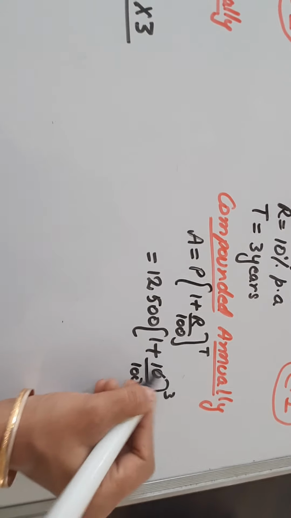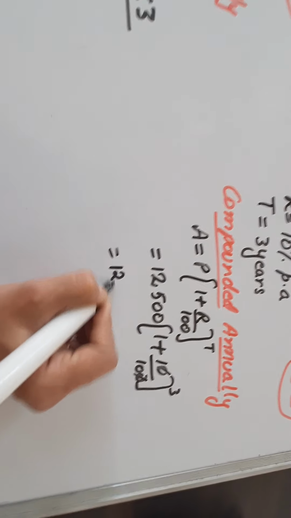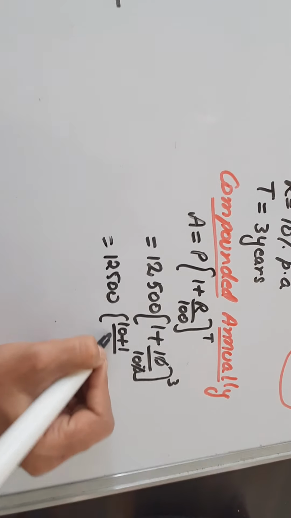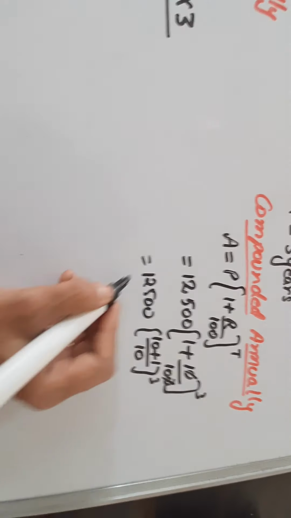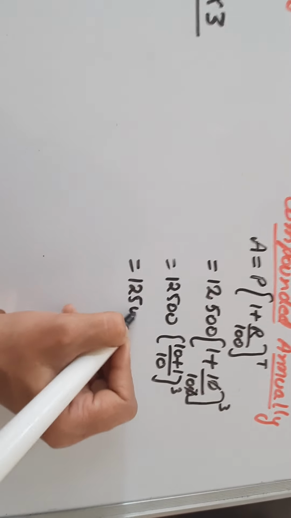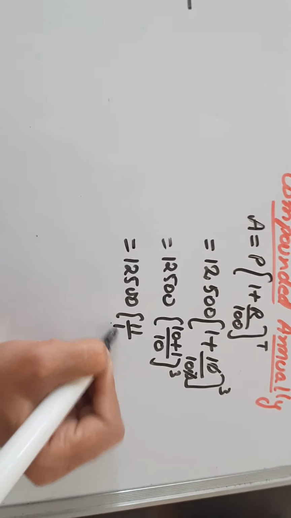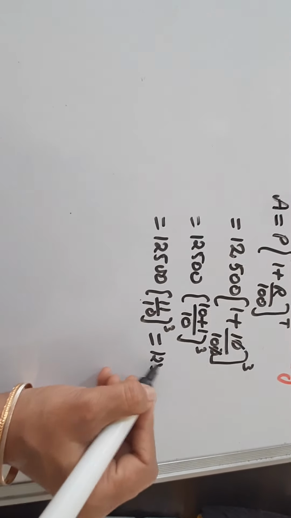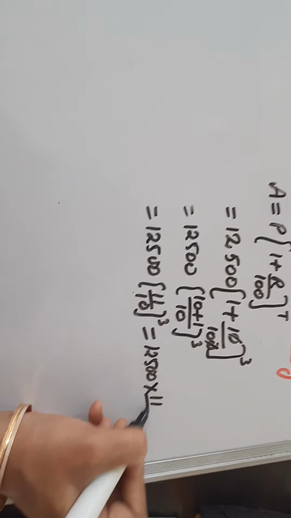So when you solve it, you'll get 12,500 into LCM 10, so 11 by 10 whole cube.